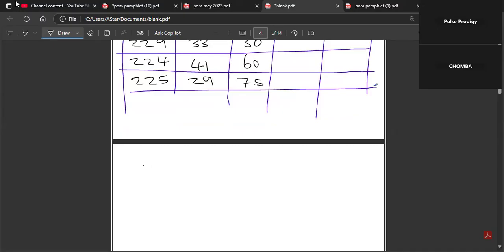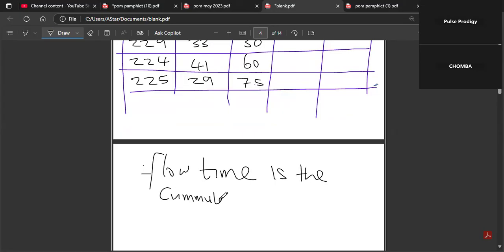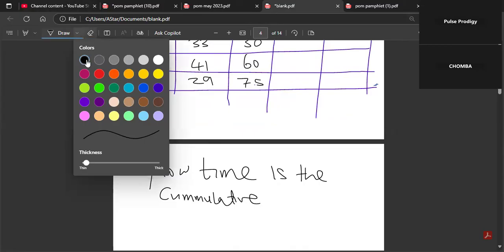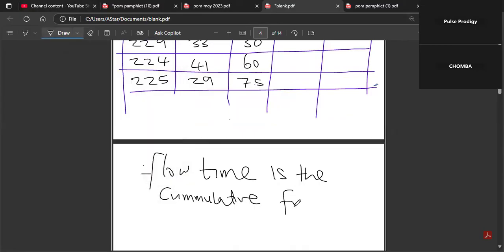Flow time is the cumulative frequency of processing time. So it's the cumulative frequency of what? Of processing time.